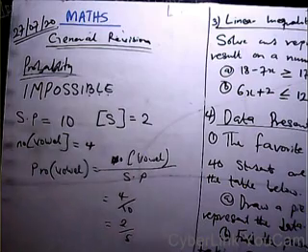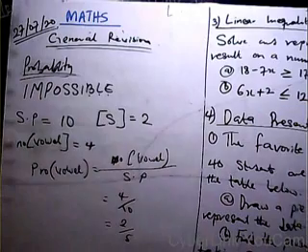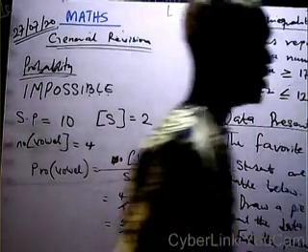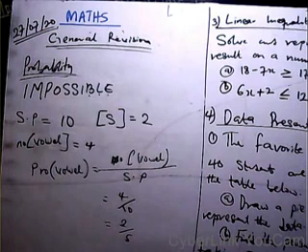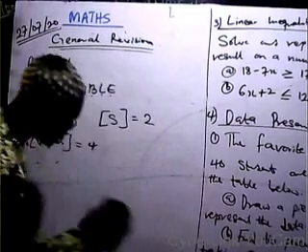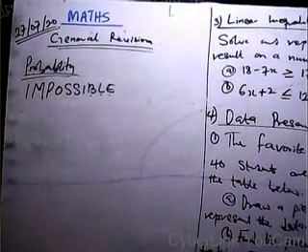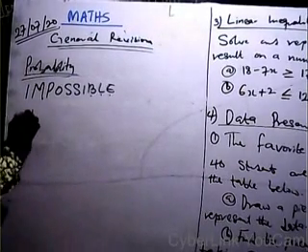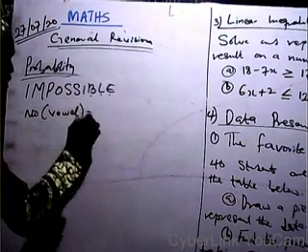The next question is getting a vowel or consonant. Before that, we should know the number of consonants as well. Number of vowels is 4.